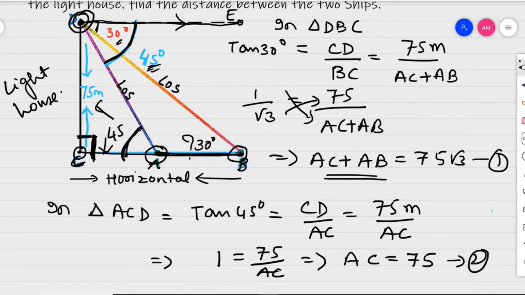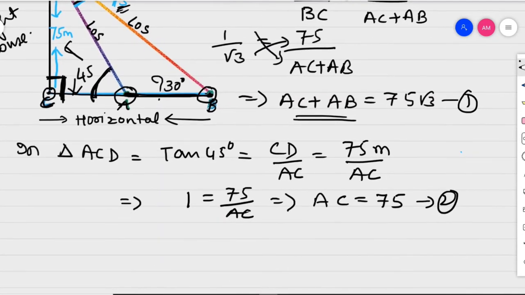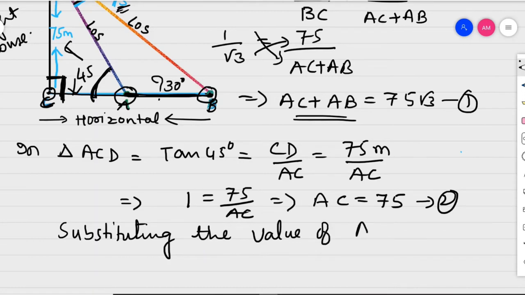Substitute the value of AC in equation 1. AC plus AB is 75 root 3, that means 75 meters plus AB will give you 75 root 3.